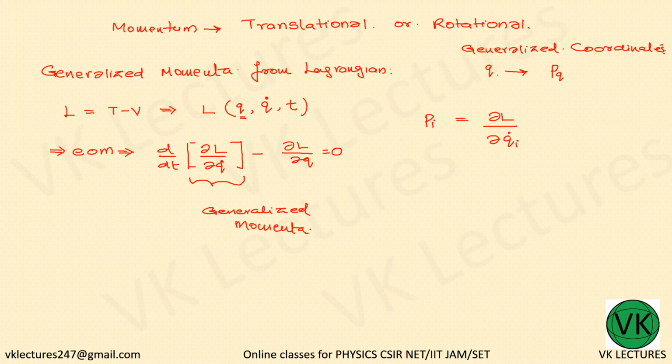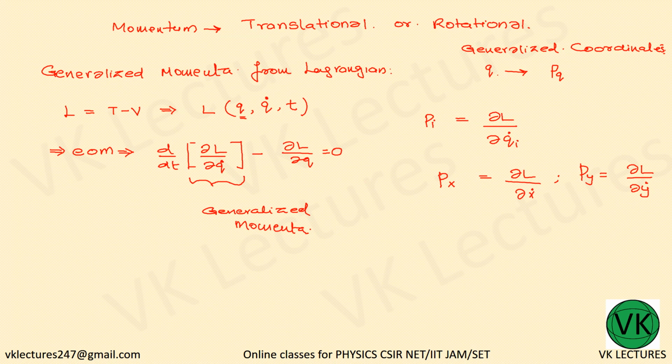If we are talking about the generalized momentum along the x-axis, it becomes dou L by dou x dot. If you are talking about Py, this will be dou L by dou y dot. So this is how you can write the generalized momentum.